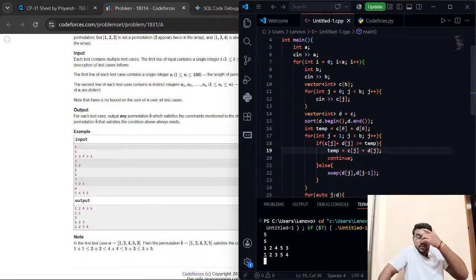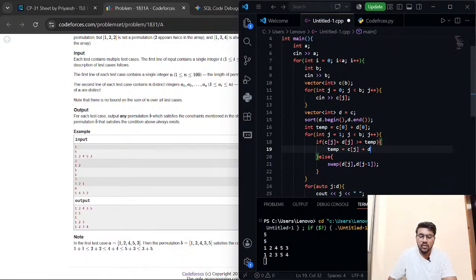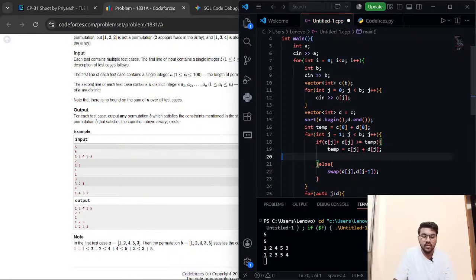But even if it was 3, 4, 4, it will be 9 and it will be 8. So it is greater. No, if it is less, no, if it is greater, it's okay. We can add it. Okay, we can do this.